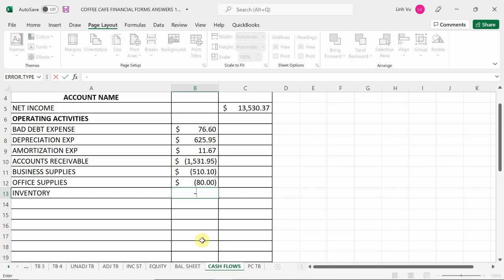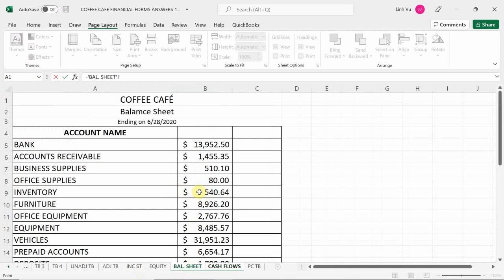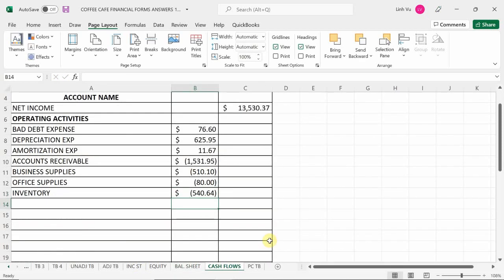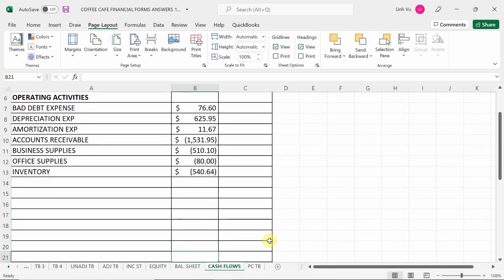No, not yet. We haven't. We're still holding on to it. So therefore, we didn't generate any income off of these inventory items. So we have to subtract out my inventory, because we spent money in order to obtain these items.